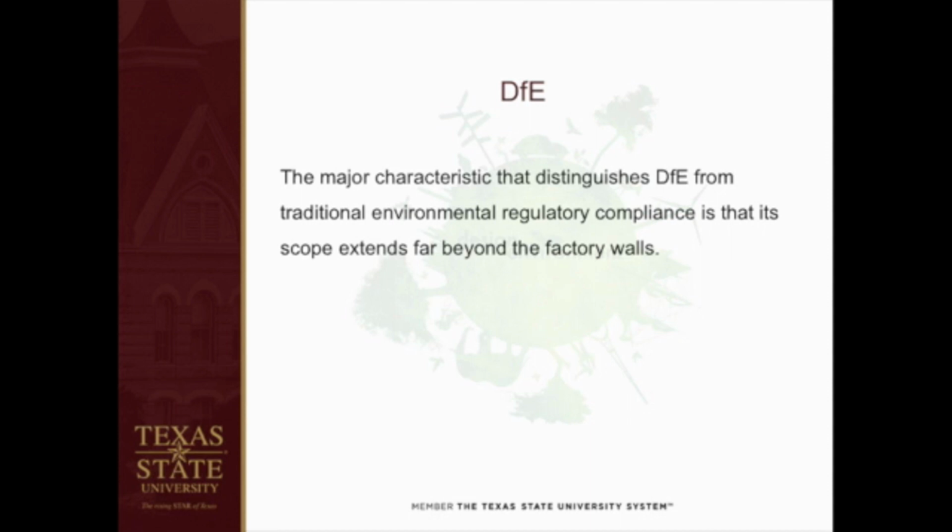So design for environment looks at the whole life cycle. Environmental compliance is limited. It just looks at whether the plant releases a lot from its smokestack, a lot of gaseous products, or a lot of bad liquid effluents. That's important, but we need to think about the entire life cycle, and design for environment helps us do that.